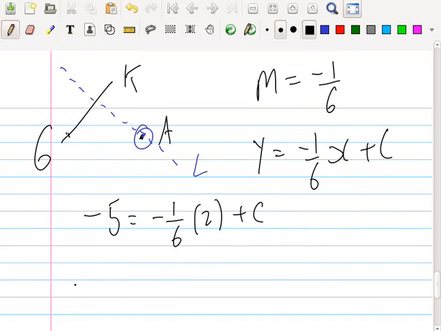So I get minus 5 plus 1 over 3 equals c. So what's that? Minus 13 over 3 or something? Minus 5 plus a third is minus 4 and 2 thirds. Minus 13 over 3, is it? Come on, you all have calculators in front of you. Minus 13 over 3.